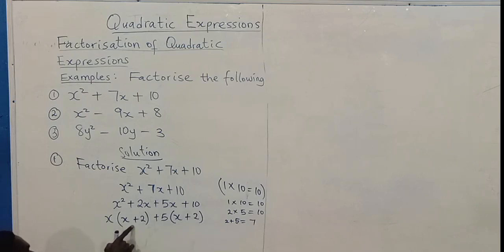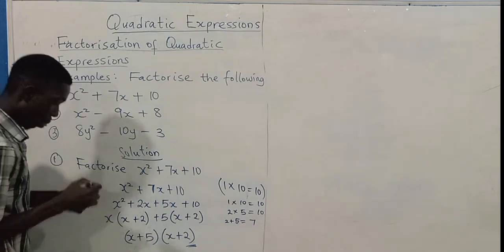Take note, whatever expression you have in this bracket must be the same with what you have in this other bracket. At this point, we can take x plus 5 to form one bracket, and then we can take x plus 2 to form the other bracket. When you factorize this, x plus 2 is common, you have it here, and then this plus 5 is left.